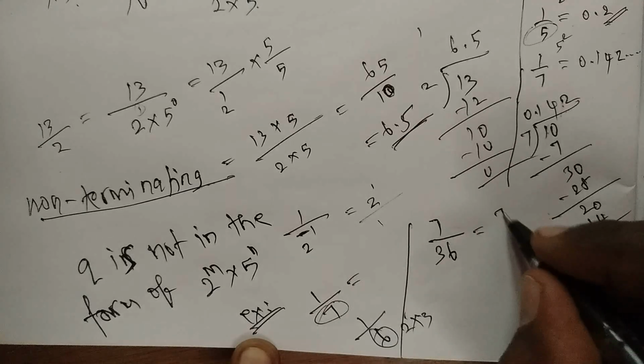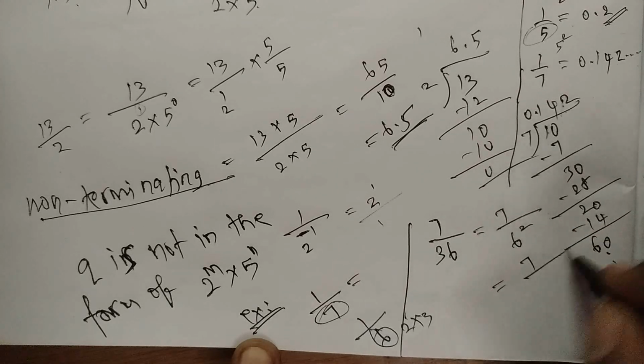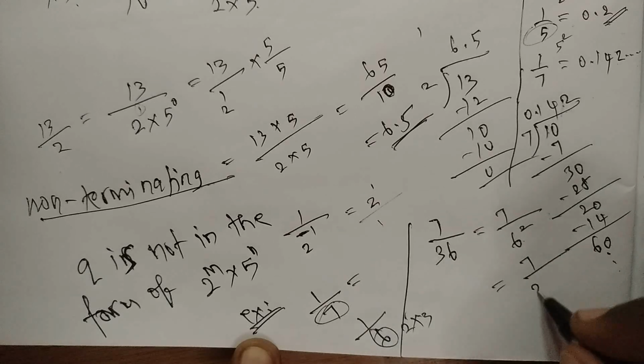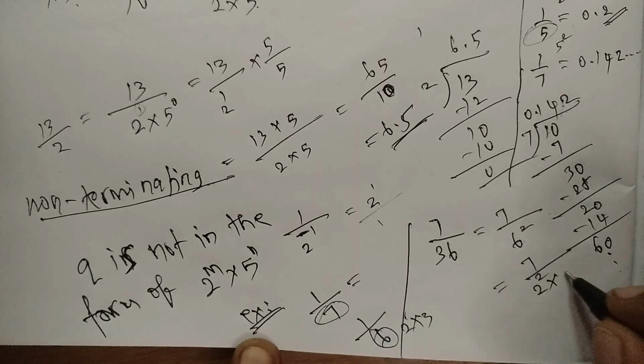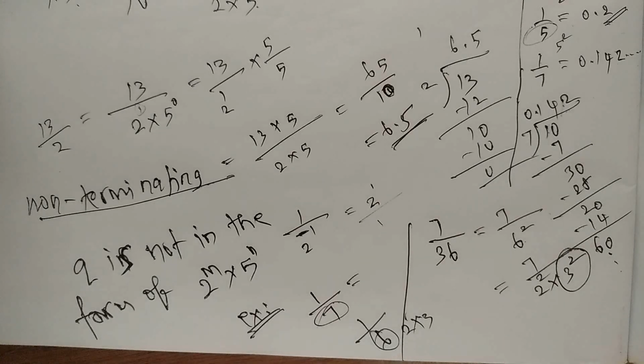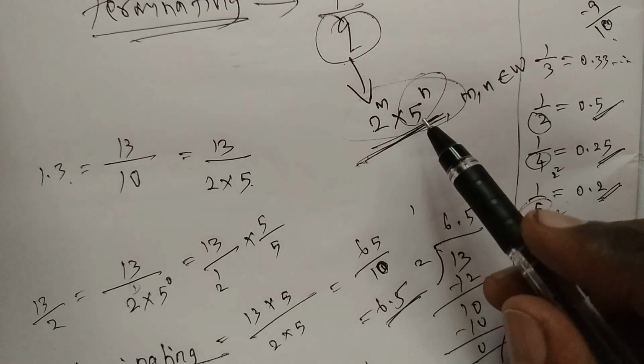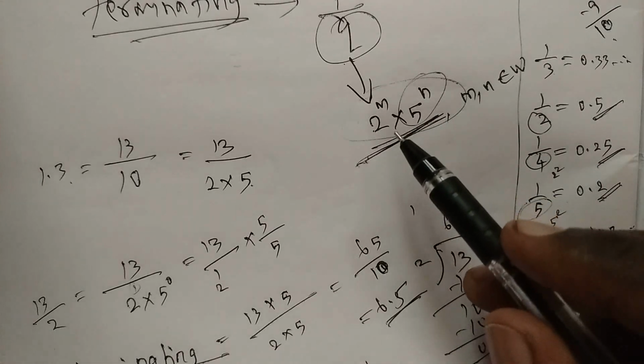Likewise 36, 7 divided by 36, I will write 6 square. Now I said 6 is 2 into 3, so 2 square then 3 square. If we get 3 also, it's non-terminating. So except this 2 and 5, if we get some other number, definitely it will go into non-terminating.